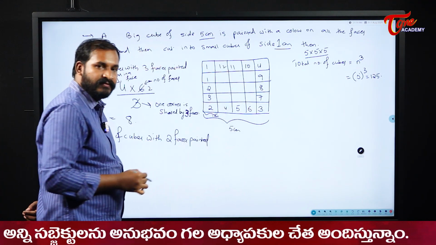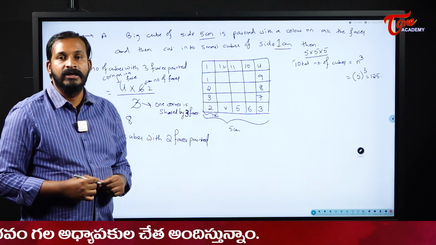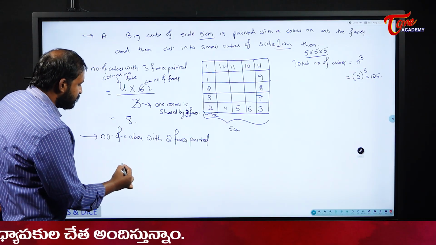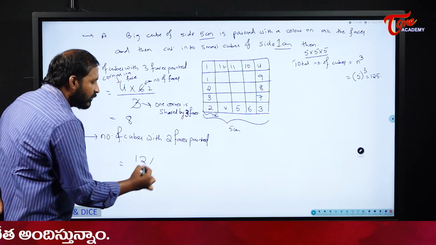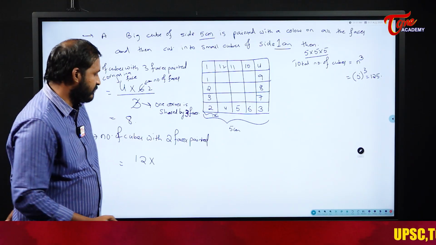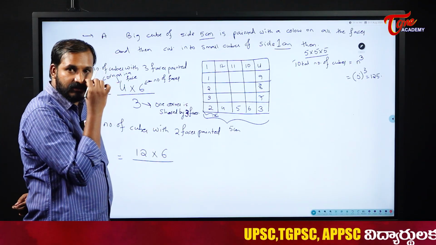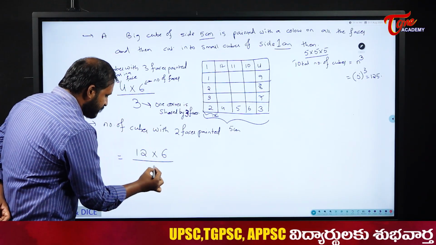These are the edge cubes. That means in one face I can see 12 edge cubes. Like this, how many faces do I have in total? I have 6 faces. So 12 into 6, divided by, each edge cube is shared by how many faces? 2 faces.